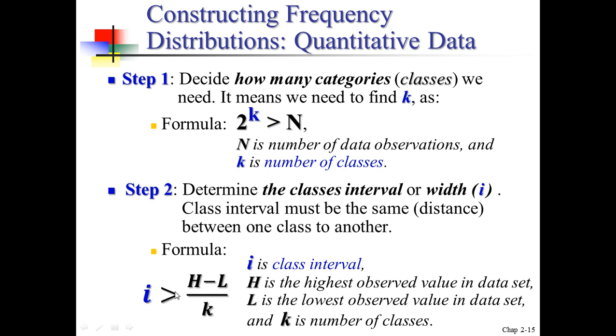Yes, if you go to the textbook, the textbook has greater than or equal, but I recommend you not set equal. It must be absolutely bigger, not equal. So I is the number that you can determine, that you can set.